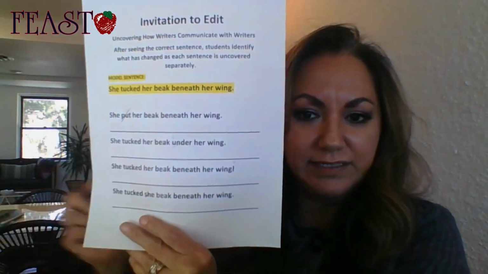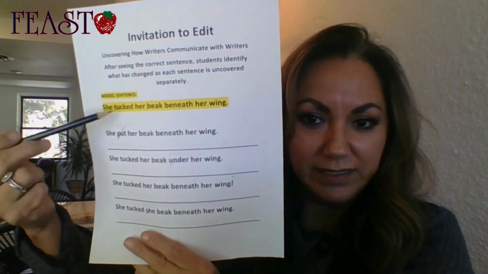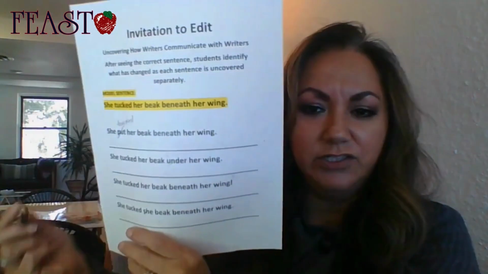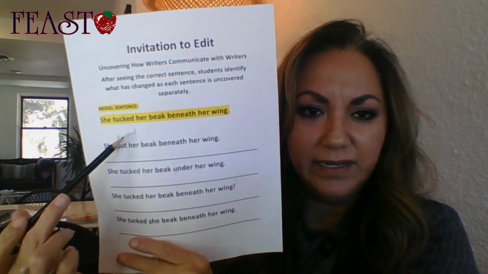They're both past tense, so that doesn't change. But what does change is a little bit, not so much the meaning, but the feeling of the word. And so I'm going to cross out the word put, because that's the word that's different, or that's the difference from this sentence to that sentence. And I'm going to write the word tucked. So there is my edit. It shouldn't be put, it should be tucked.